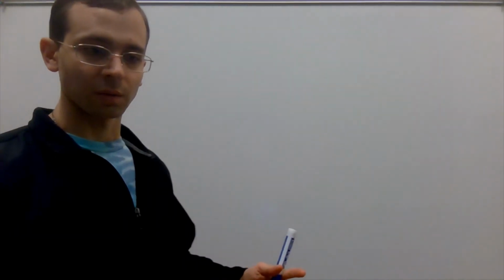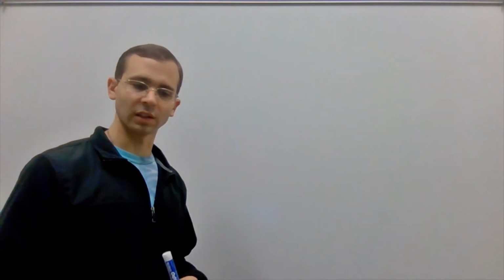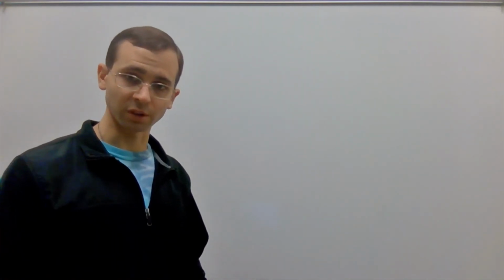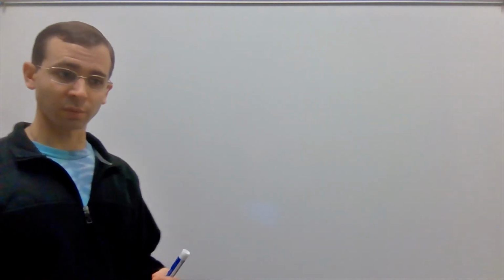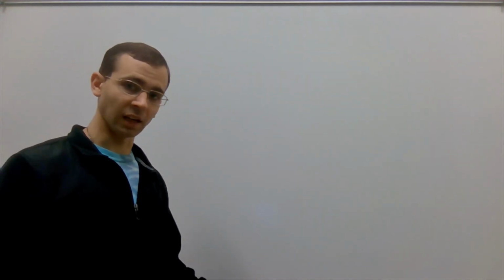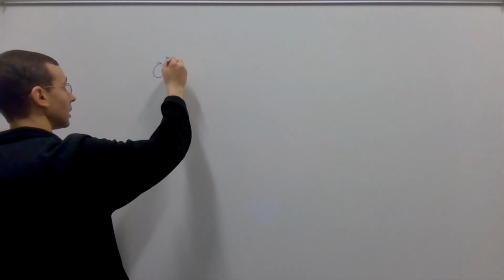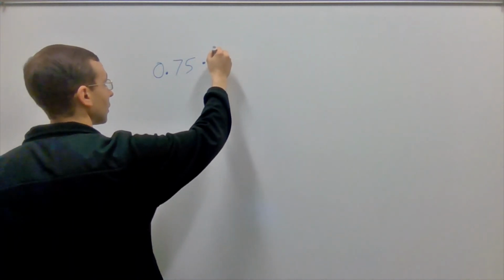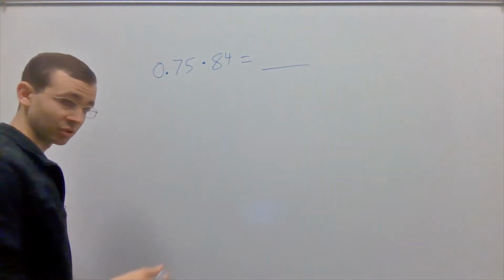And of course, this whole idea of using percentages as an equation or as a decimal can be used to find the percents of numbers as well. So say, for instance, I wanted to know what number is 75% of 84. Well, I can do this just as easily as I could do this.